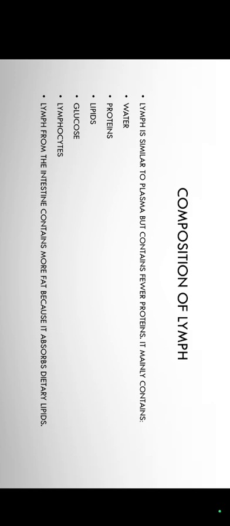It also contains inorganic substances like sodium, calcium, potassium, chloride, and bicarbonate ions. These are the composition of the lymph. Lymph from the intestine contains more fat because it absorbs dietary lipids.